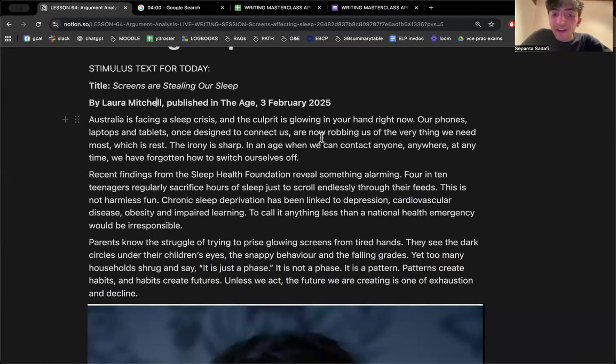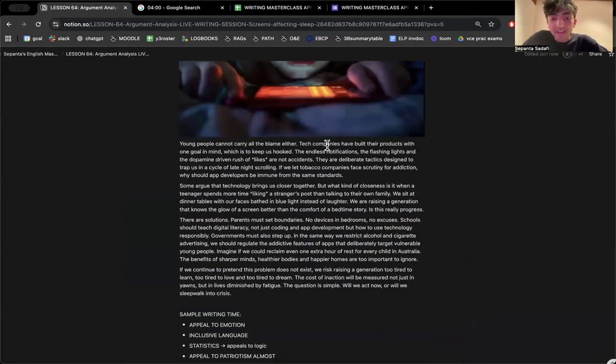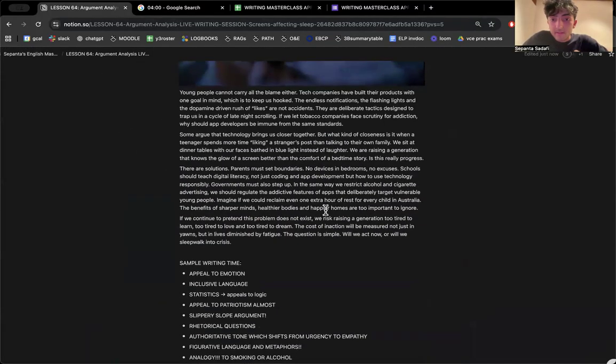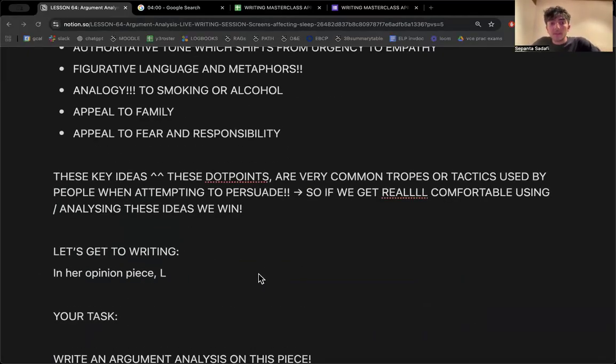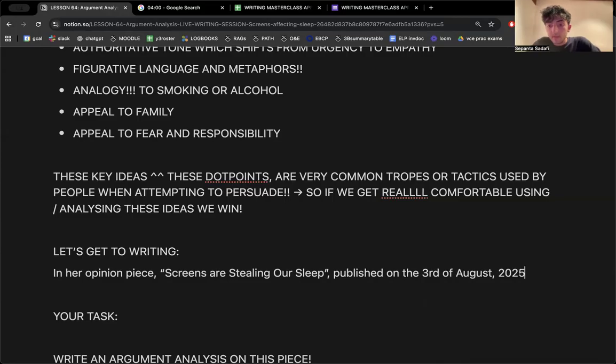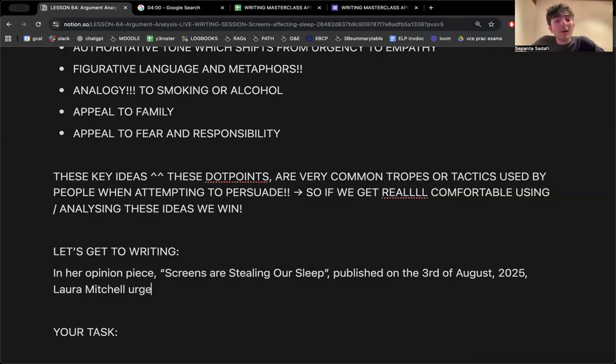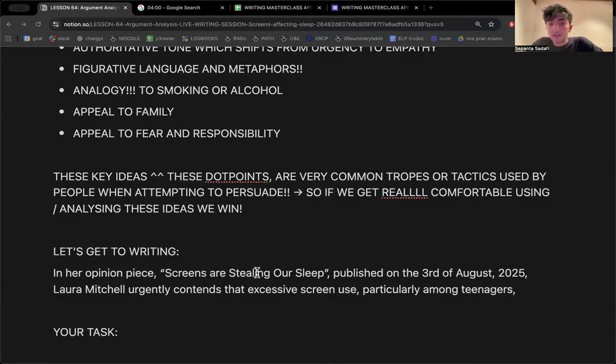Anyhow, so in her opinion piece, and I'm gonna say the name, Screens Are Stealing Our Sleep, which is published on the 3rd of August, 2025, Laura Mitchell urgently contends that excessive screen use, particularly among teenagers, is fueling a national sleep crisis, okay?